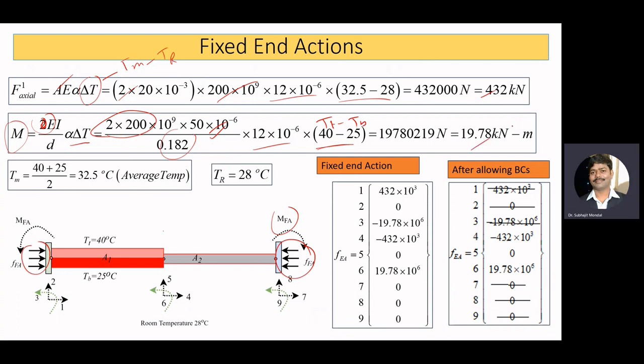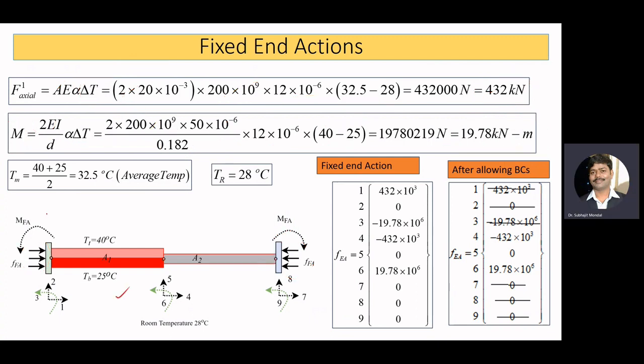If you calculate, that value comes to 19.78 kilonewton meter. So here the axial force is 432 kilonewton, and the moment is 19.78 kilonewton meter.